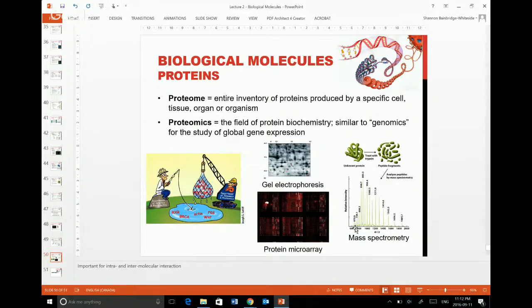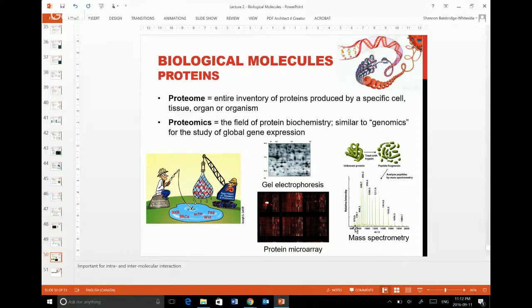And then the last thing, which we're not going to chat about too much in this lecture, your book goes into great detail, and for those of you that are using an older edition of the textbook, I would recommend looking at the newer editions for this section here on proteomics. This is really a field of molecular biology where you can study the entire proteome of an organism. So instead of going in and looking at just one or two proteins, you can actually assess all the different proteins that are in a certain cell, in a certain tissue, in a certain organ, for example.